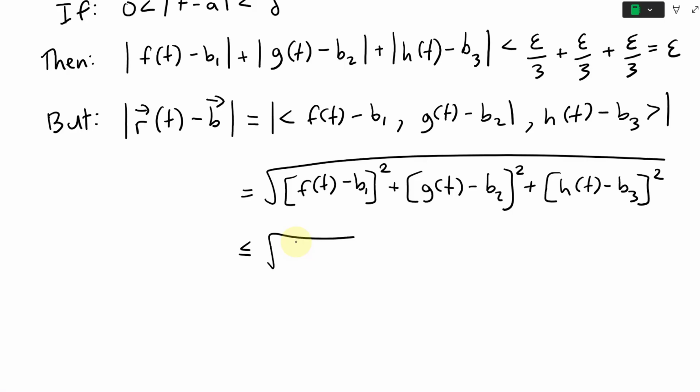So it's the same thing as writing the square root of f of t minus b1, squared, plus the square root of g of t minus b2, squared, plus the last one, the square root of h of t minus b3, squared.